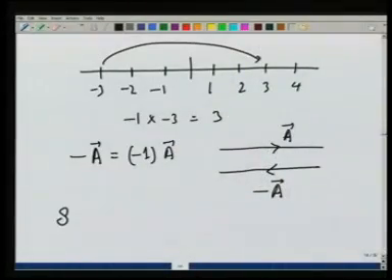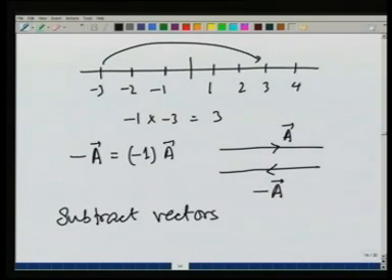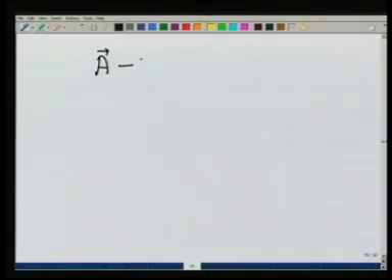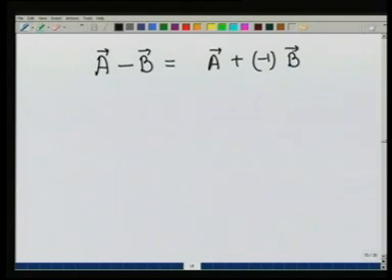Having obtained minus a, it is now very straightforward to subtract vectors. So, how do we do subtraction of vectors? Suppose I have to subtract b from a. This would be same as a plus minus 1 times b.